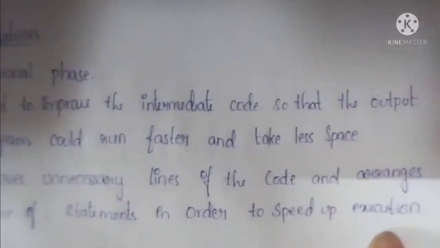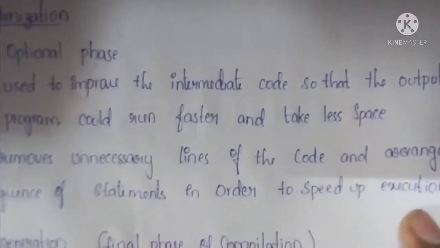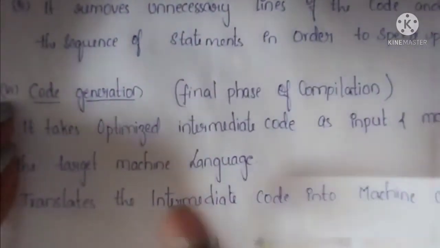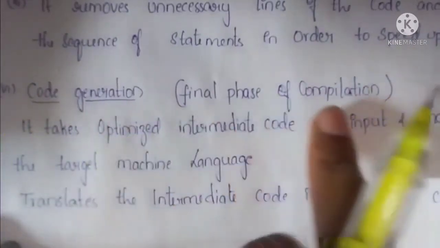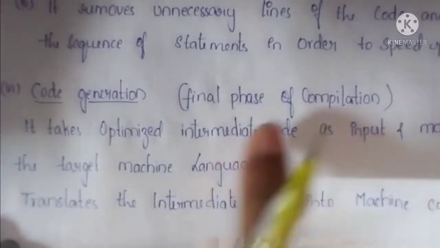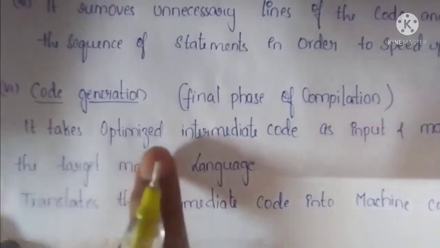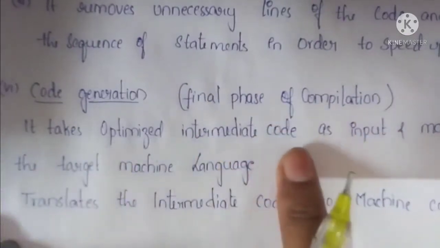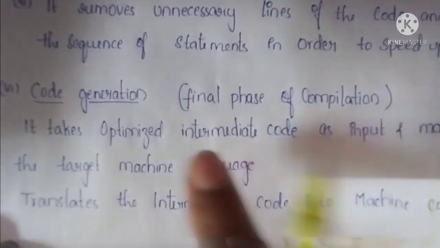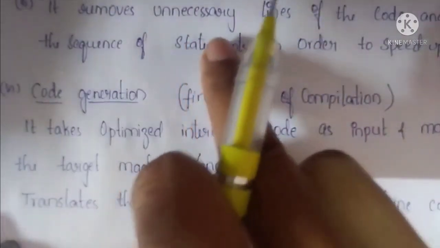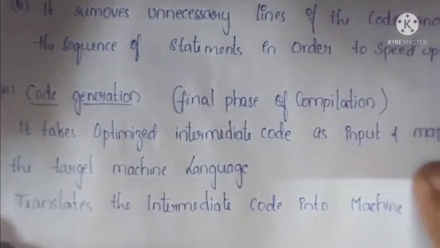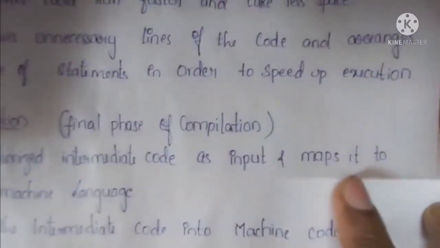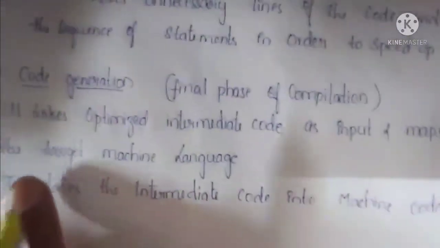We will see the last and final phase of compilation, that is code generation. Code generation takes the optimized intermediate code from the previous step as input and maps it to the target machine language.